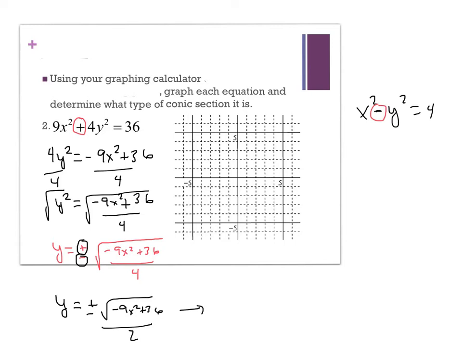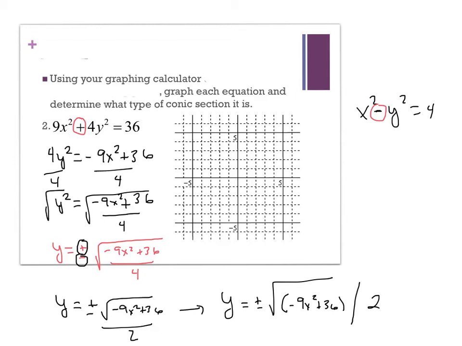So when I put it in my graphing calculator, I'm going to write it out the way it needs to be done. Got to put parentheses, close the parentheses, and then divide by 2. And that would be the way that we need to enter it on the calculator.